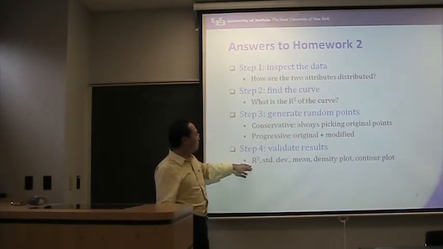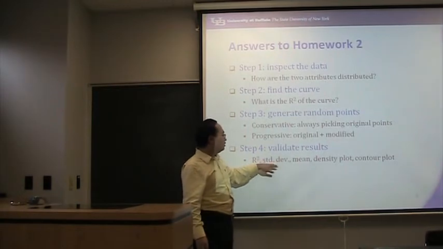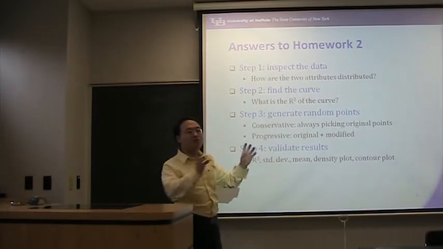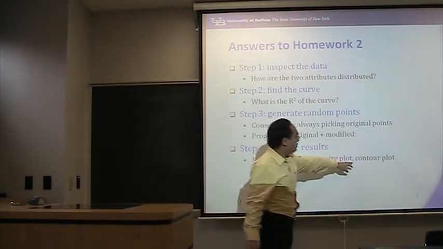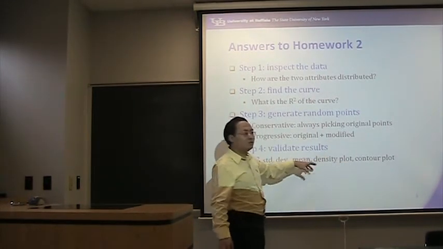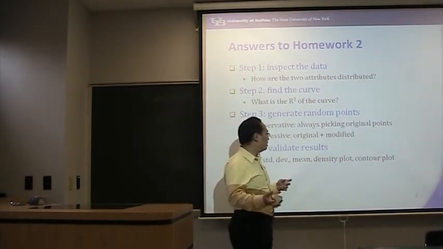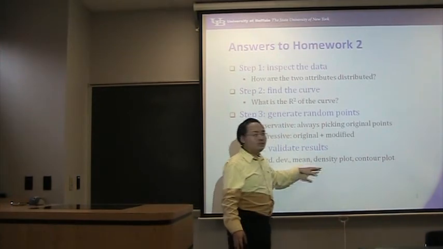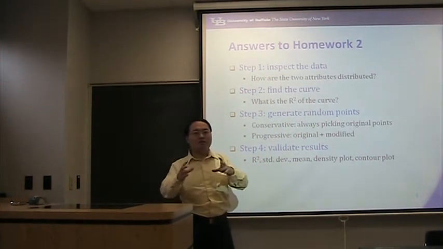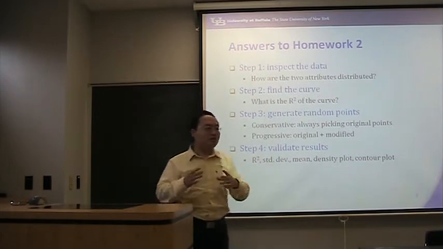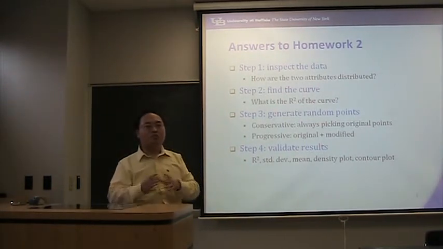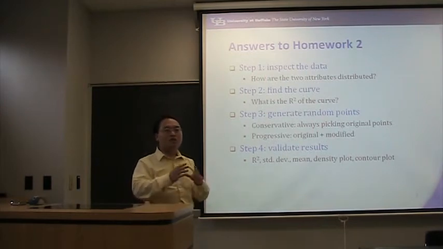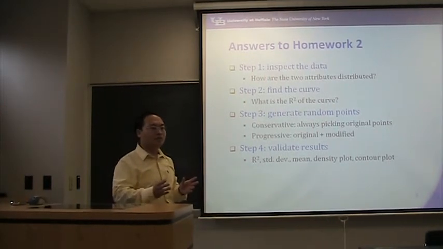And you can compare the standard deviation and mean of these two data sets. These two tools were the tools that I expect to see, but nobody mentioned this. You can use density plot. I mean, in the result, you can use density plot or contour plot to show the density of points. And in this way, you can visually compare them.